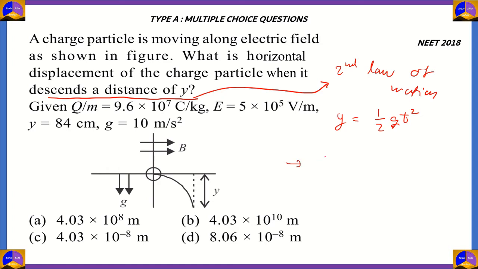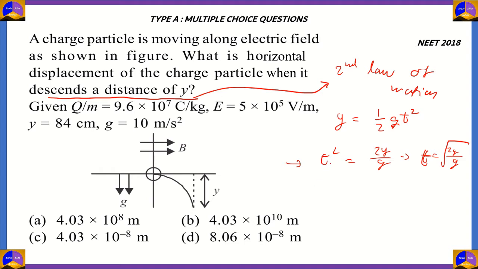So from this equation you'll get t squared as equal to 2y by g. That means t equals the square root of 2y by g.